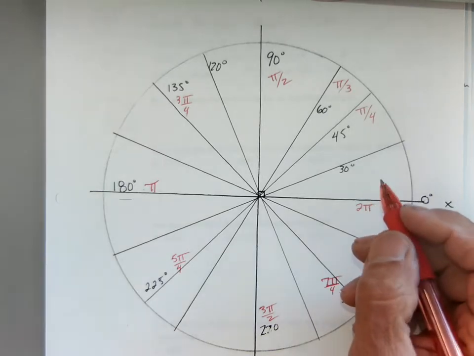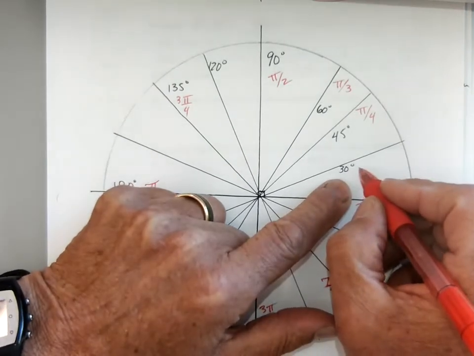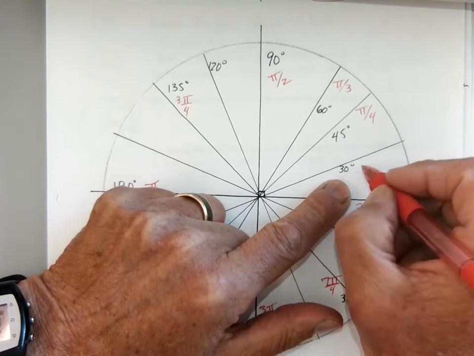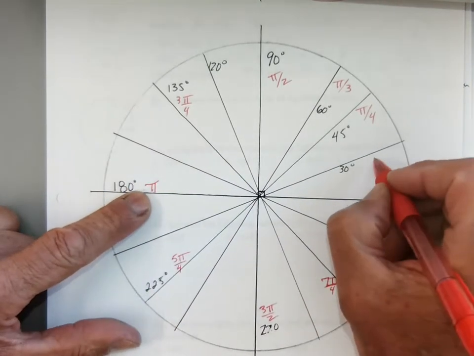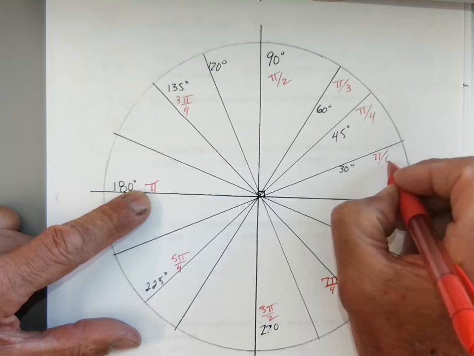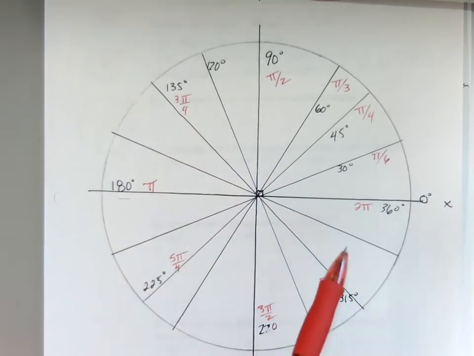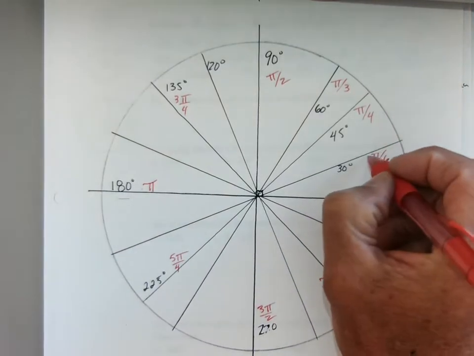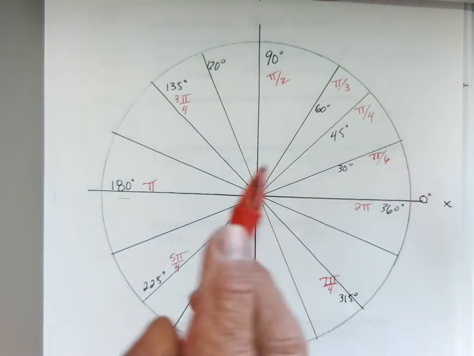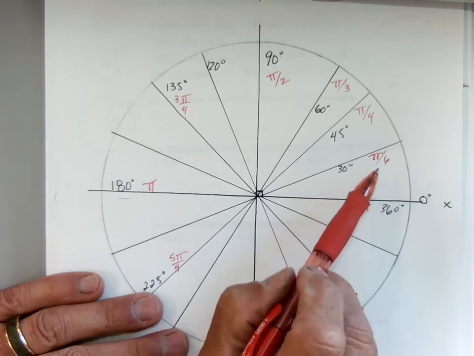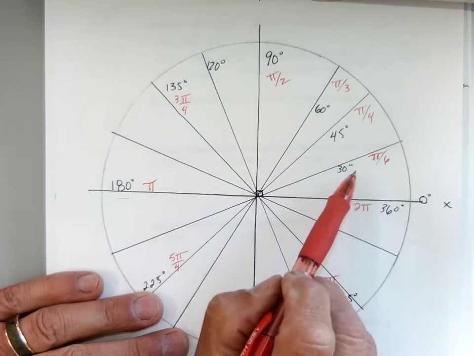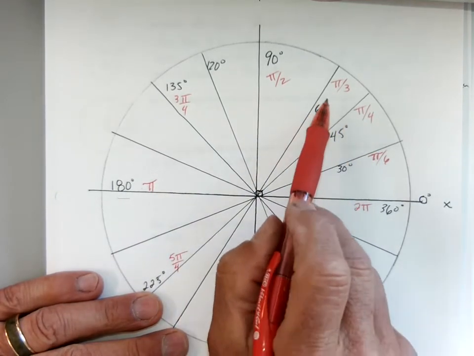Okay. All right, 30 degrees is going to be 1/6 of 180, so this is pi sixths, okay? This is a pi sixths. Now, we're going to go 30, 60, 90. So I got 30 degrees, another 30, another 30, another 30.